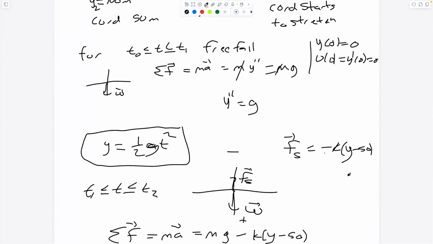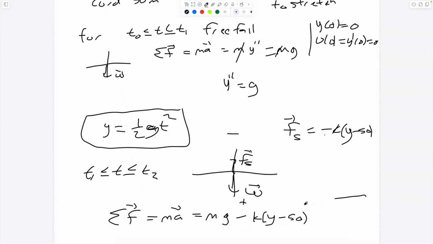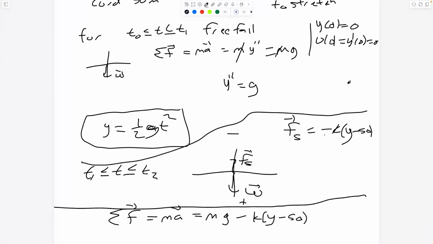So to find t1, we just set 1/2 g t1 squared equal to 50 and solve. I mean, it's pretty easy. Multiply over the 2, divide by g. You get t is going to be what? Square root of 100 over g.